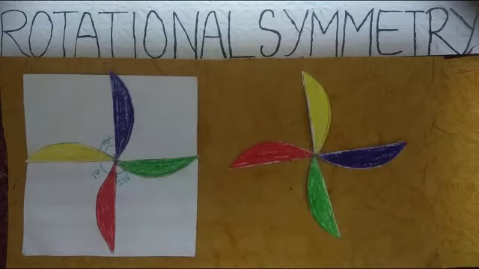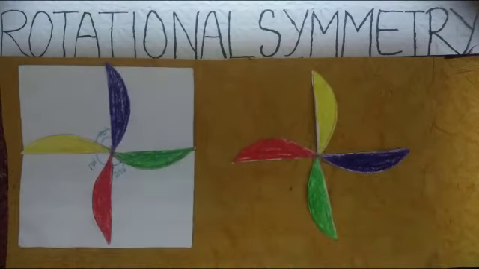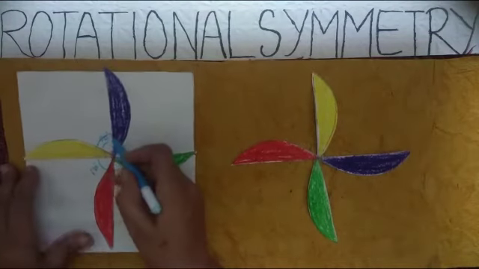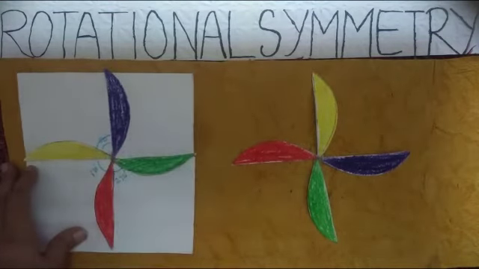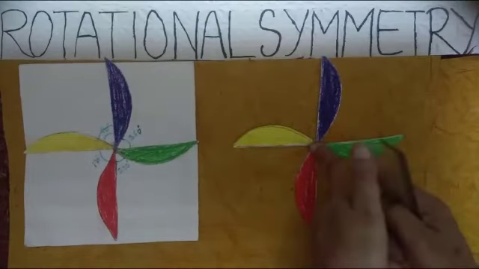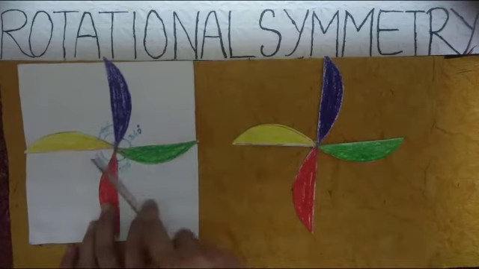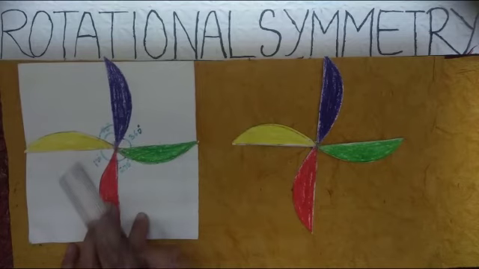We see that the blue has taken the place of green, and it has covered an angle of 270 degree. And finally, we complete the rotation of 360 degree. The figures are exactly same, and all the colors are back to their own place.